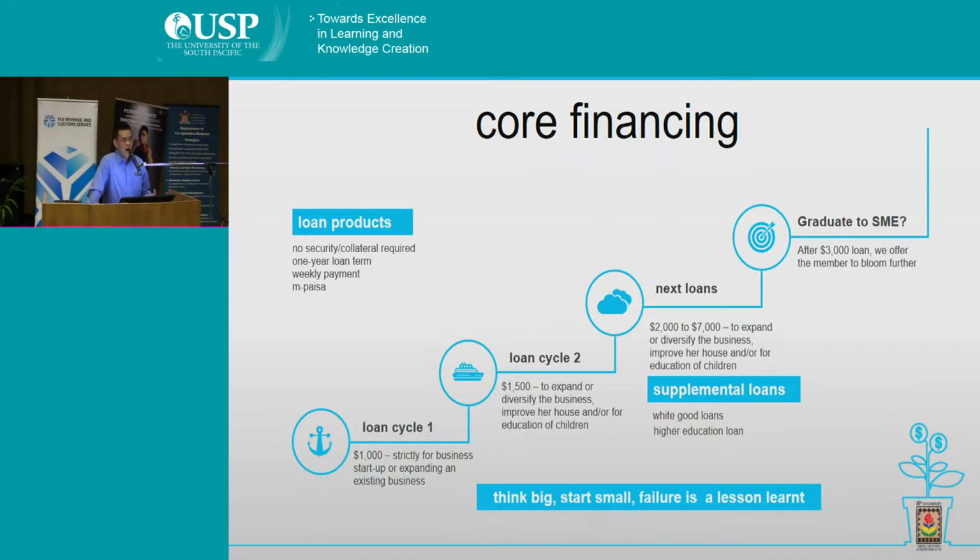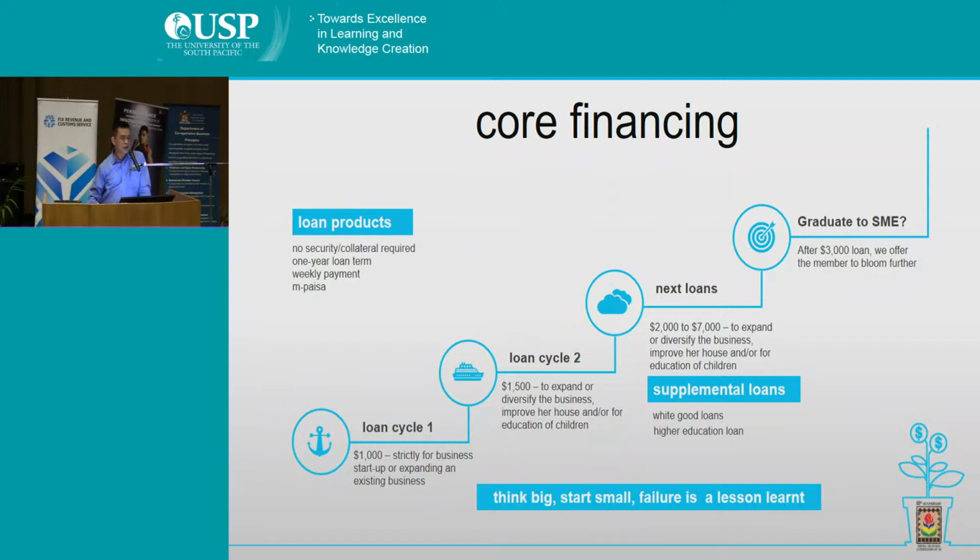And then if you finish your first loan cycle, then you can move up. This time it's plus 500. So it moves to like 150% of your previous one, and you move on until you reach 7,000. So it's like going up the steps. Start here, and then as your business grows, you can get bigger loans.